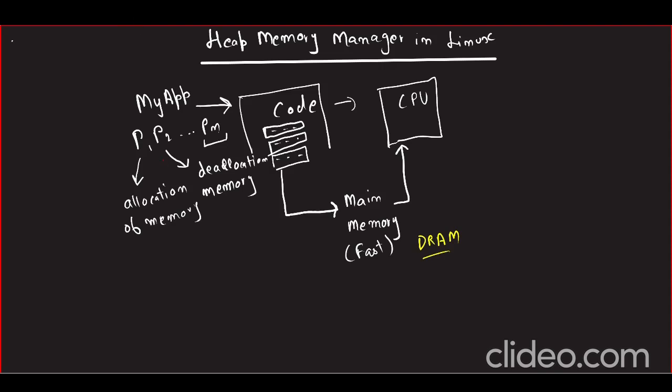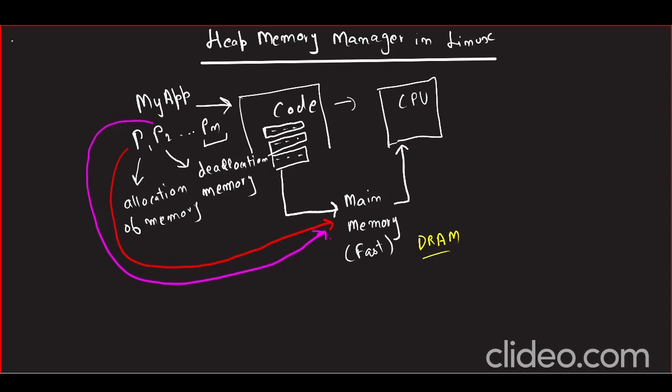So we can say that P1 asks for the allocation of memory, then P1 can directly ask the main memory, hey dude, can you allocate some memory for me? Similarly, P2 can ask the main memory, hey dude, can you deallocate the memory that you allocated earlier?